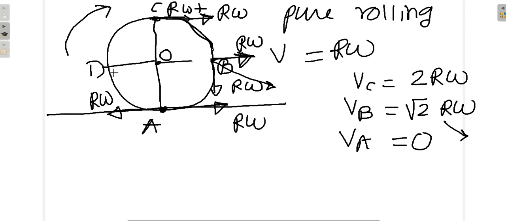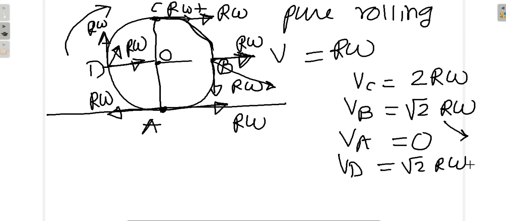Okay, what happens at point D is the linear velocity is again r omega, whereas the velocity due to circular motion, rotational motion, you can see is in the upward direction. So the net velocity will be again root 2 r omega in this direction.